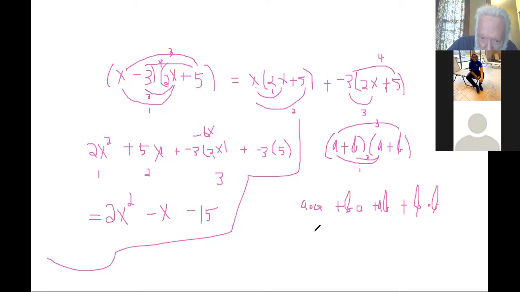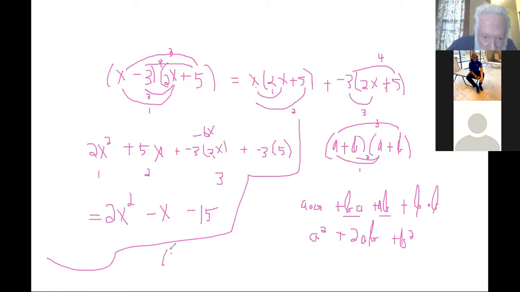And so we get a squared. Now this and this are the same. They're just different order. So that's going to be 2 of those. And then b squared. Makes sense.